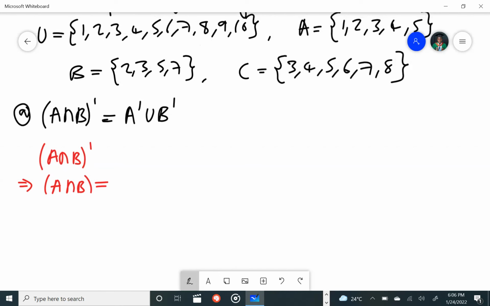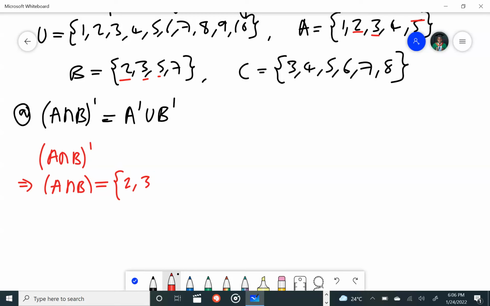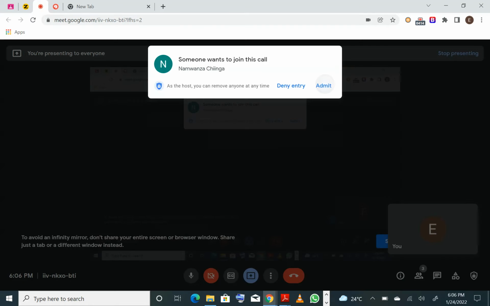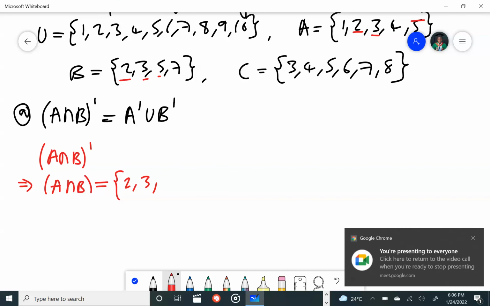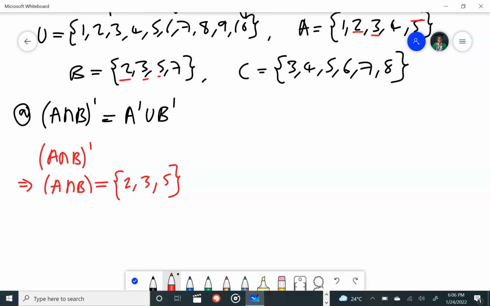We are looking at things which are both in set A and in set B. When we check, we're going to see that it's 2, 3, and 5. Okay, let me just allow someone who's trying to join. So this means our A intersection B is 2, 3, 5.